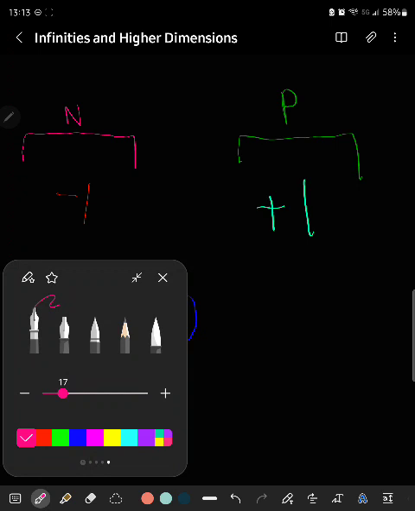Now let's say we know that both of these are infinite because there are endless negative numbers and endless positive numbers.